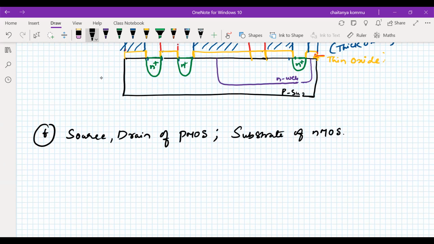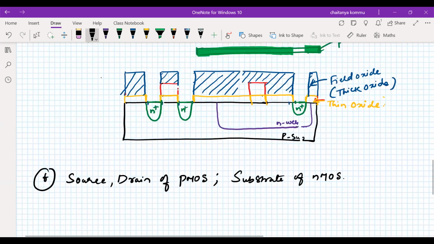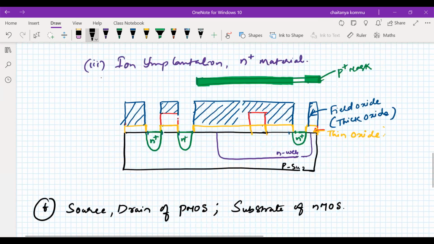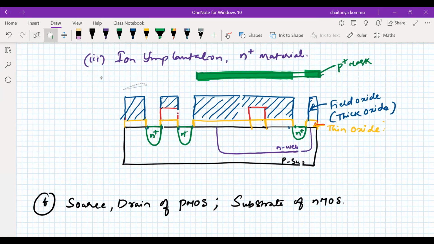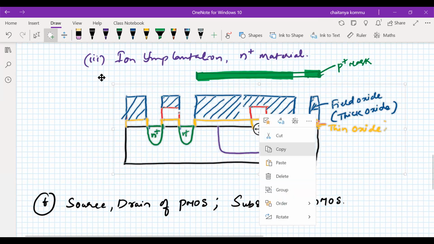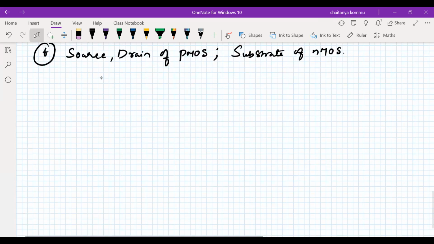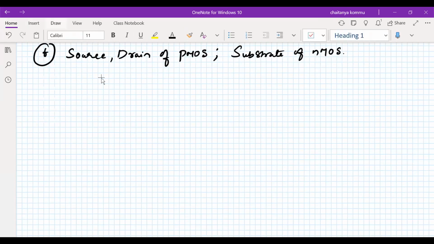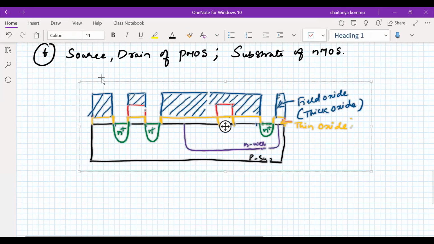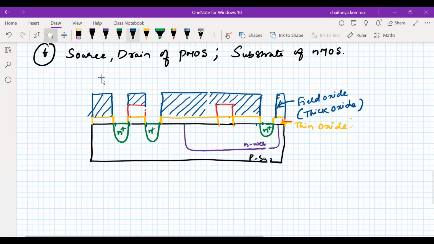To do that, again we have to do the field oxide. So I have to consider the same diagram again. Copy and then paste here. So what we do here is cover the entire region with silicon dioxide.